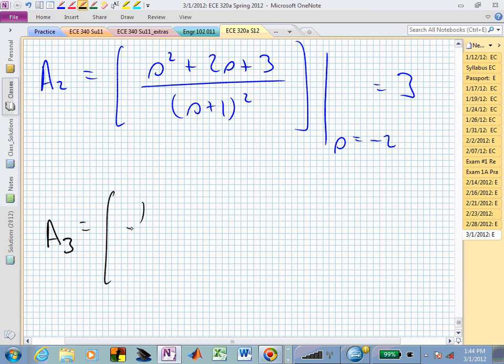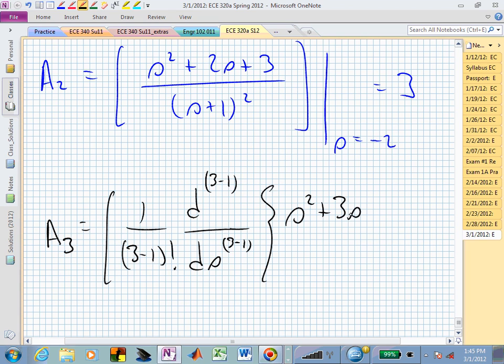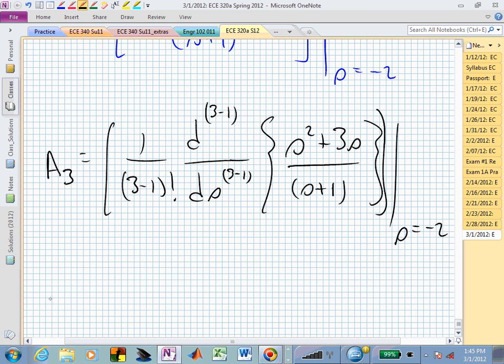We now have 1 over 3 minus 1 factorial, and now we're taking the second derivative of what we had before, but we've already determined what the first derivative of that was, so let's not do that again.